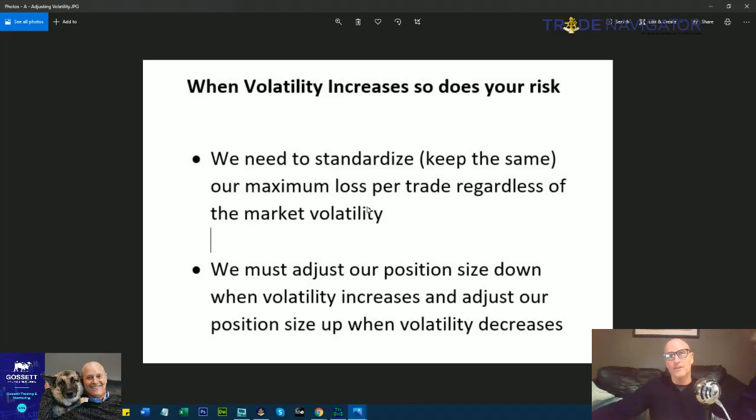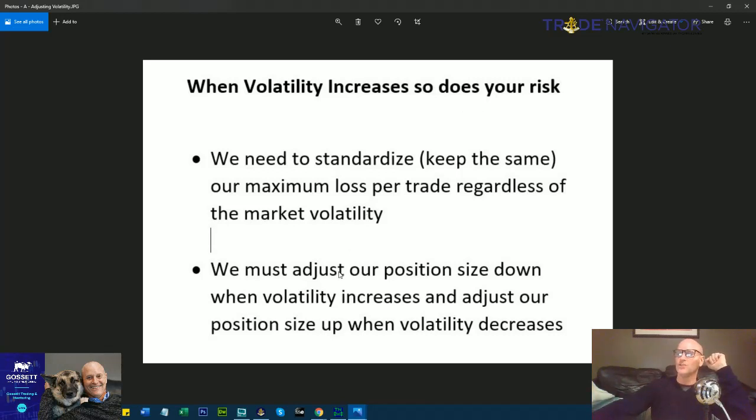I prefer to use about 0.5% of capital, so I'm a little bit more conservative. But the important part is that, let's say we have $100,000 and we're risking 1%, we're going to risk $1,000 on any particular trade, whether the market volatility is low or high. We still want to risk that $1,000. The difference is going to be in the amount of shares that we trade relative to what the volatility is. And I'm going to show you how to do that in a while.